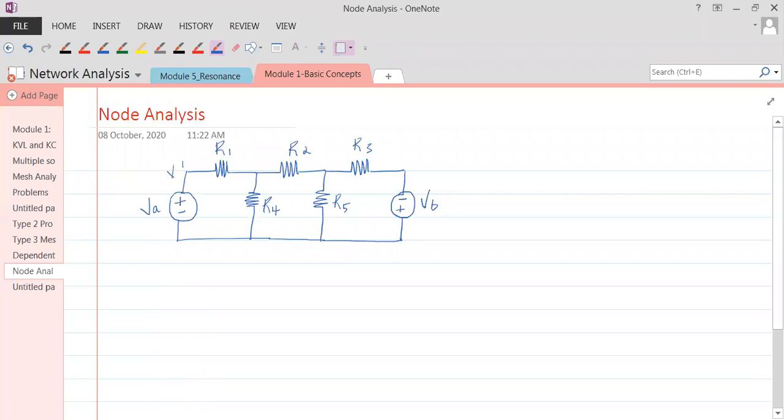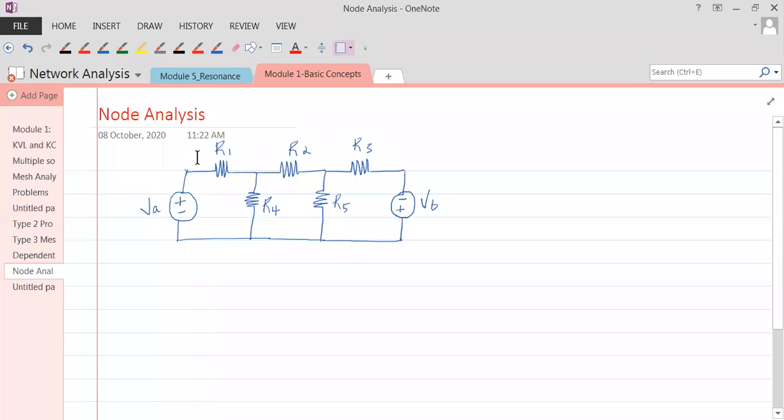What is V1 at node 1? V1 is VA, so V1 is known. So I'm not interested in marking the nodes where I know the node voltages. That is one thing. So what I would rather do is not mark these as nodes. Let me show you.